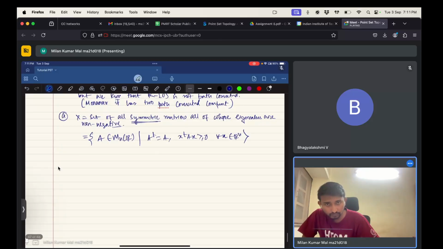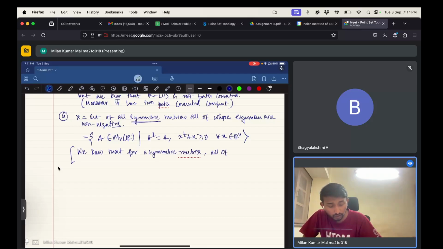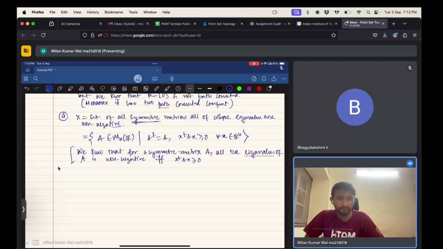Because we know that for a symmetric matrix A, all the eigenvalues of A are non-negative if and only if x transpose Ax is non-negative for all x in R^n. This is called positive semi-definite, or positive definite if strictly positive.